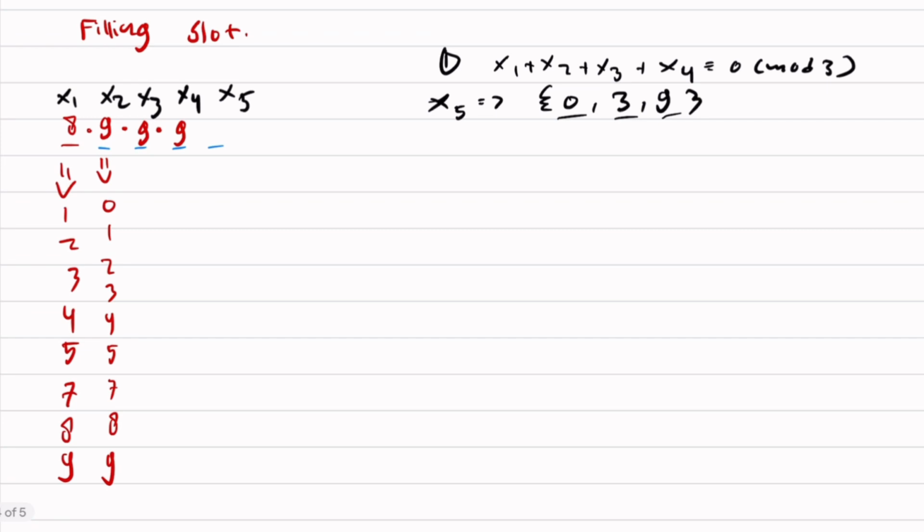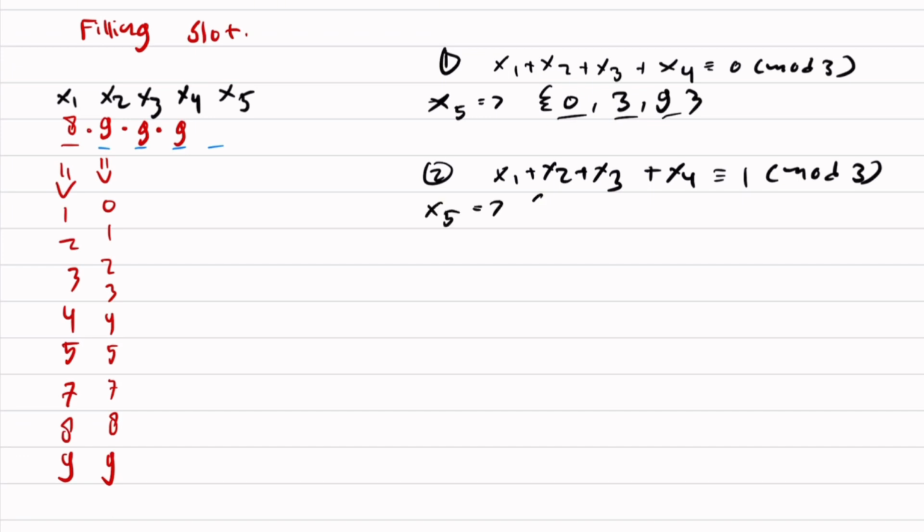Second case, x1 plus x2 plus x3 plus x4 gives us a remainder of 1 when divided by 3. So then, later on, x5 can be 1, 5, or even 8.